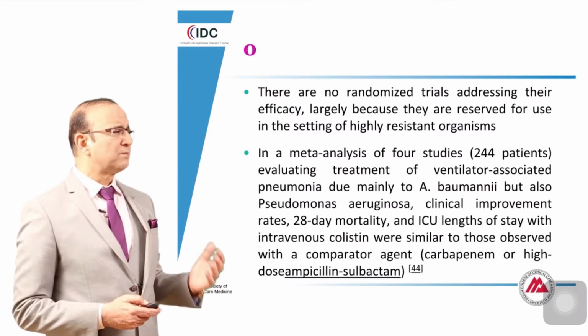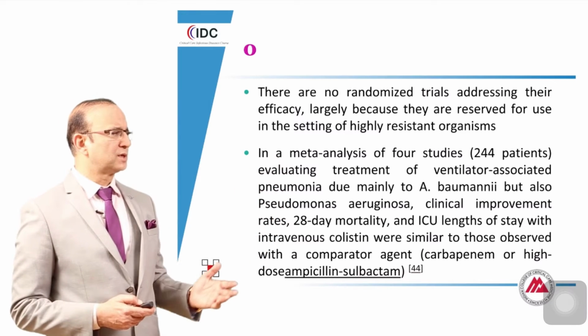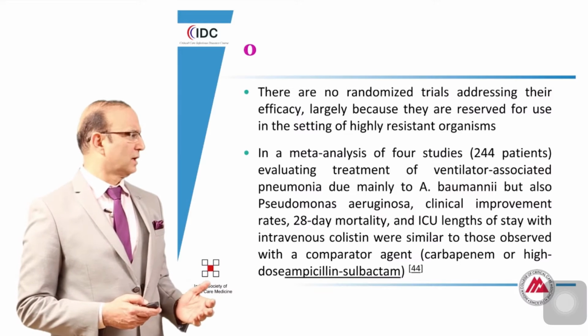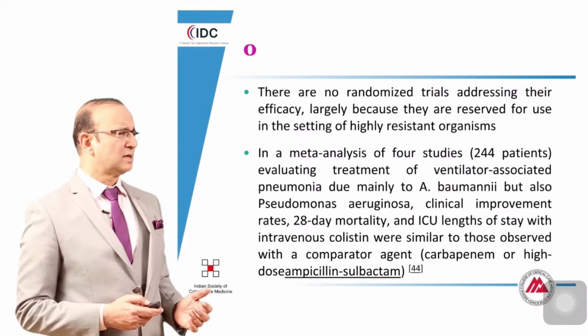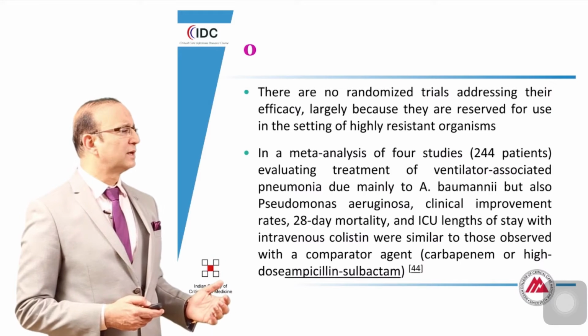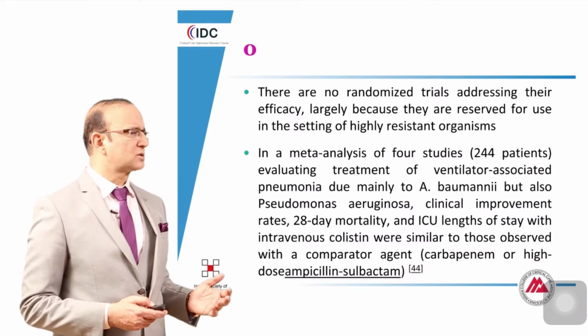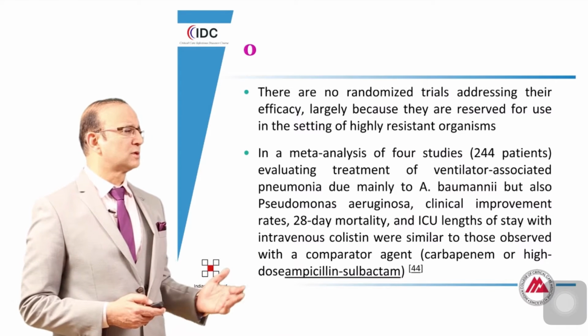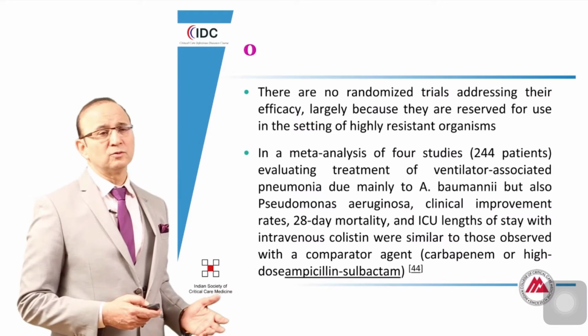In a meta-analysis of 4 studies evaluating treatment of ventilator-associated pneumonia, mainly due to Acinetobacter baumannii and also Pseudomonas, they found that the clinical improvement rates, 20 day mortality and ICU length of stay with intravenous colistin were similar to those observed with comparator agents like carbapenem or high-dose ampicillin-sulbactam.